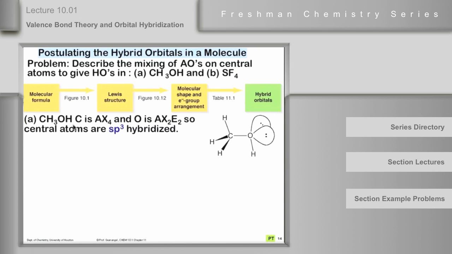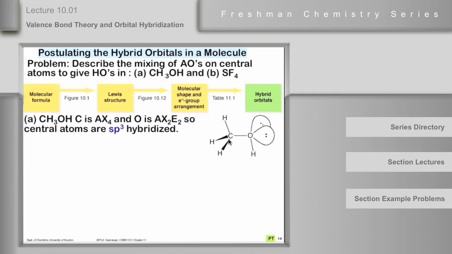So, methyl alcohol has a Lewis dot structure that looks like this. It has 2 center atoms. It has a carbon that has 3 hydrogens and 1 oxygen. So, that carbon is AX4, right? 4 electron groups, it's AX4, no lone pairs.